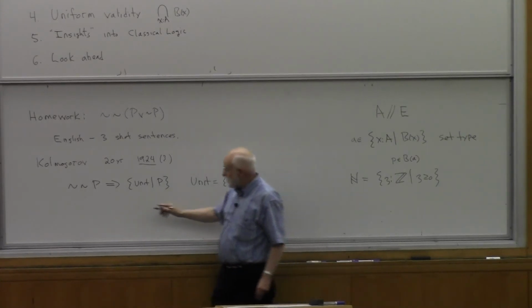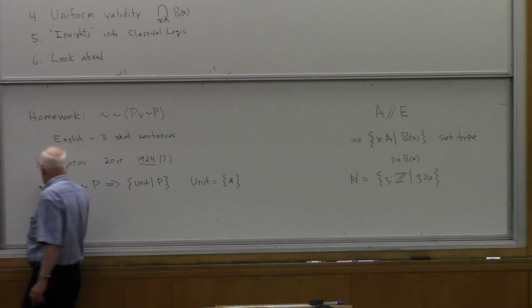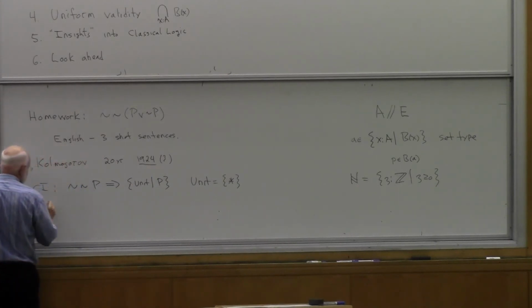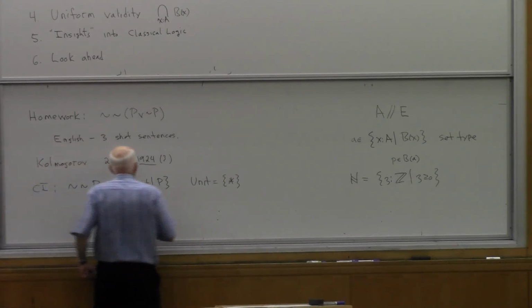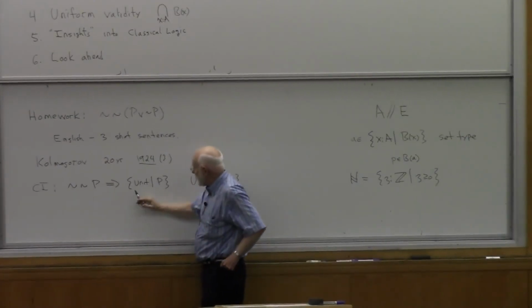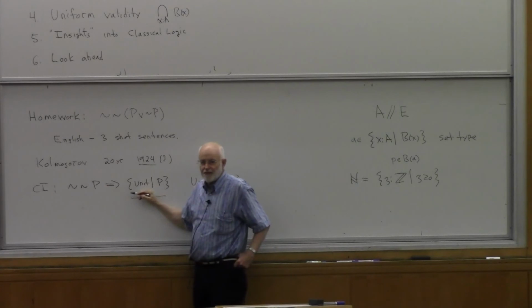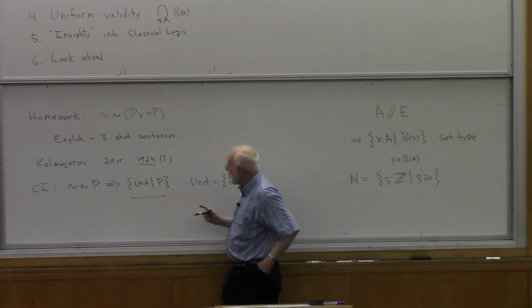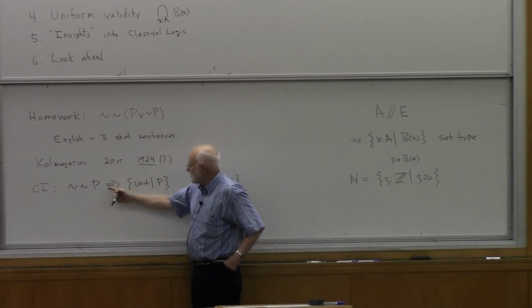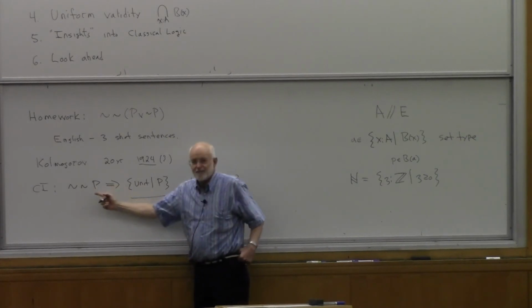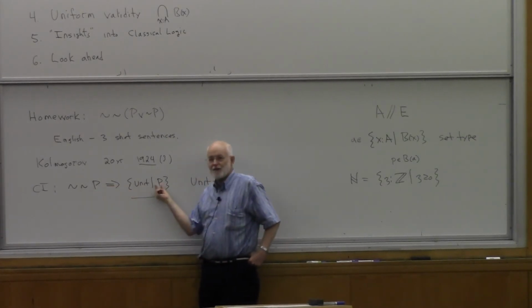So what we would be saying if we added a rule like this, I was calling it classical introduction, we're saying, okay, I want to know about this type. Is there anything in it? And what do I know? I know that it cannot be empty. This thing can't be false.